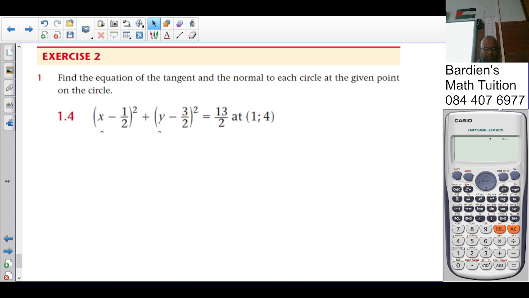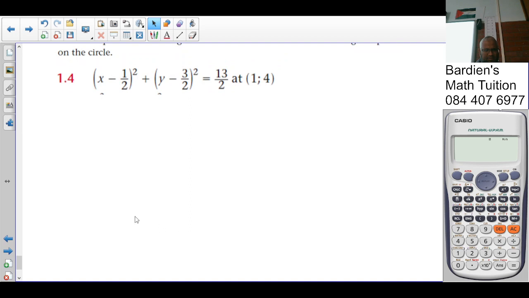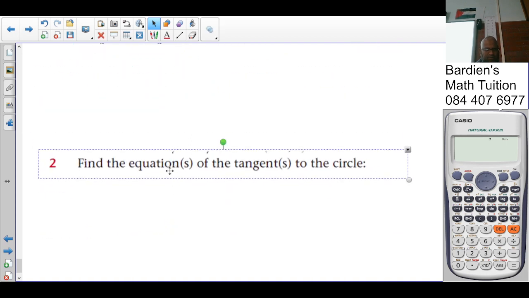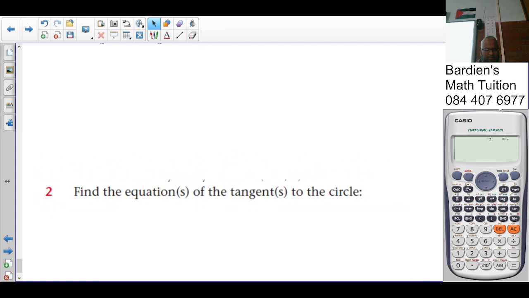Any issues with number 2? 2.4. Not 4. 4, and 4 and 5.